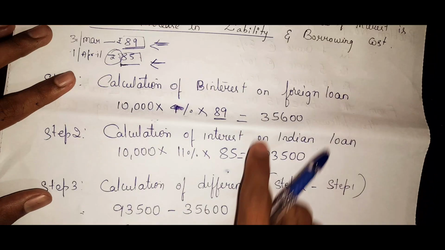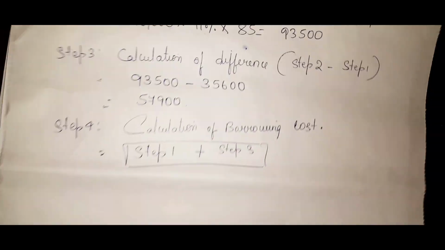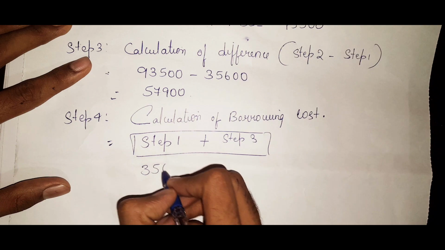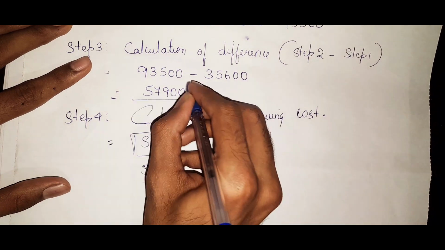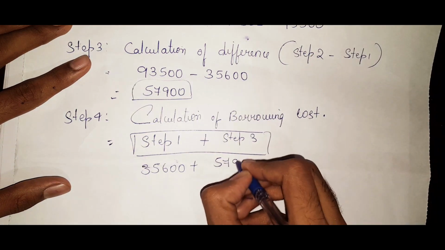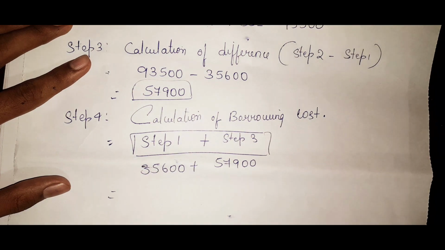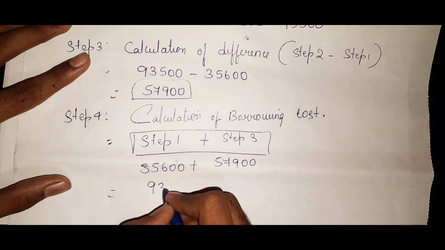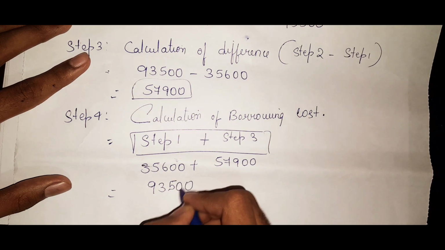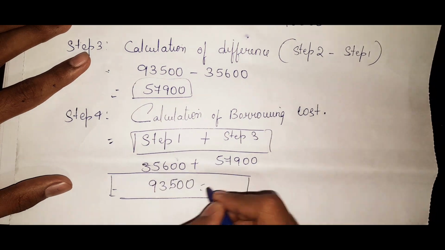Step 1, how much step 1? It is 35,600. 35,600 plus step 3 is 57,900. 35,600 plus 57,900 will give you the sum of 93,500. This is the borrowing cost.